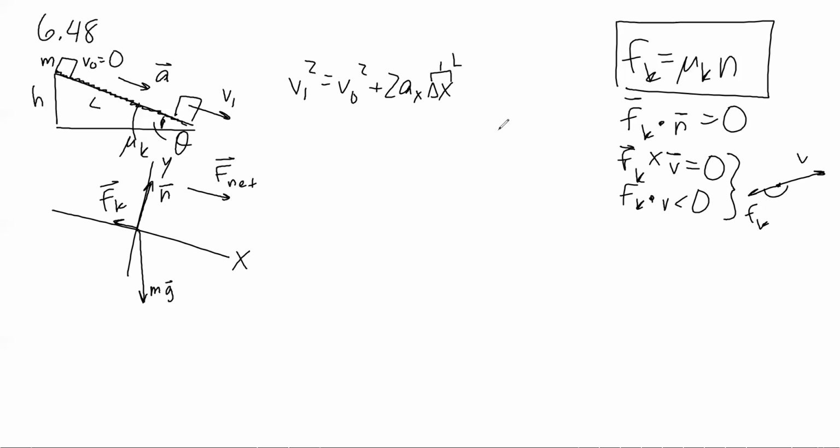So that's L, right? Our initial velocity is 0, so we can cancel that out. So if you look, it's just V1 equals square root of 2a times L. And all we need to do is find an expression for acceleration, then we'll be done.